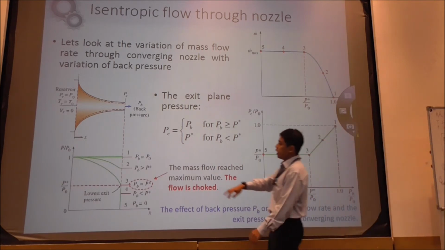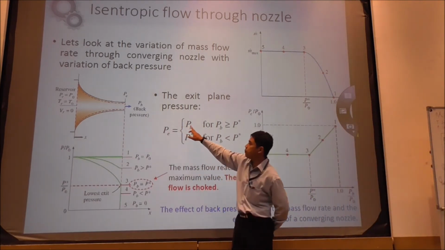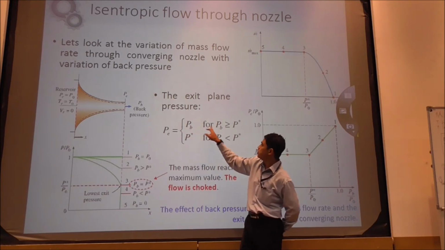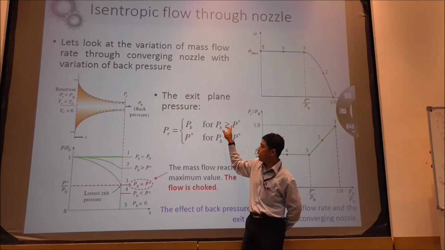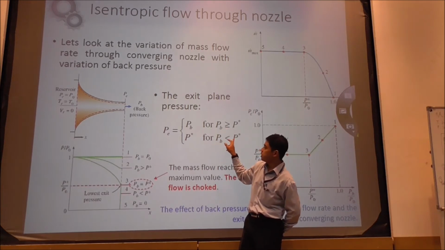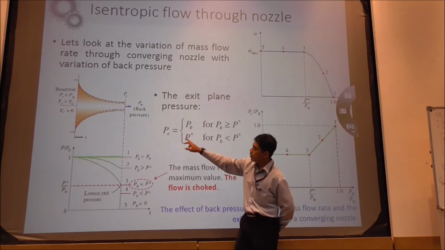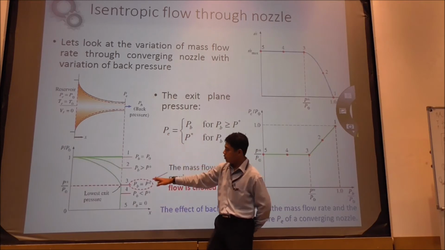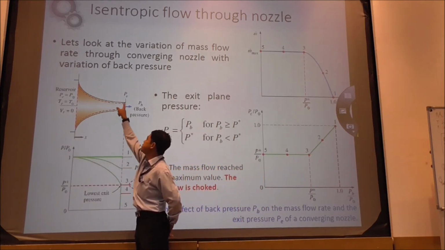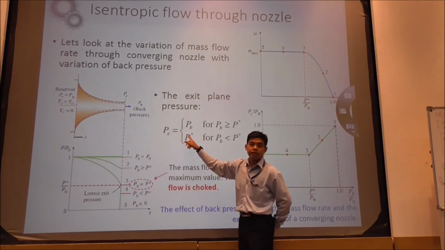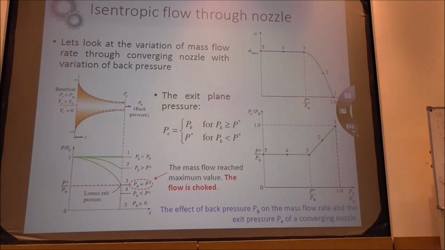You can see the exit pressure is equal to the back pressure when P_B is more than P star. But when P_B is less than P star, it doesn't matter what your back pressure is, the pressure at the exit plane will be equal to P star. You remember that? So this is the thing that you need to remember for the converging nozzle.